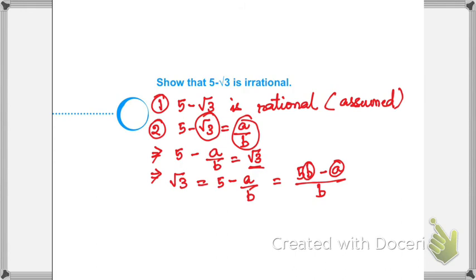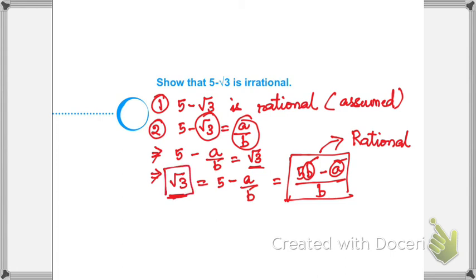So if these are integers, you will get this complete number to be rational, right? But as per our derivation, root 3 is equal to this thing, (5b minus a) by b. So if this is rational, this root 3 should also be rational.